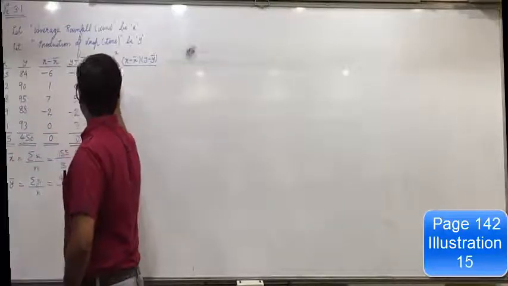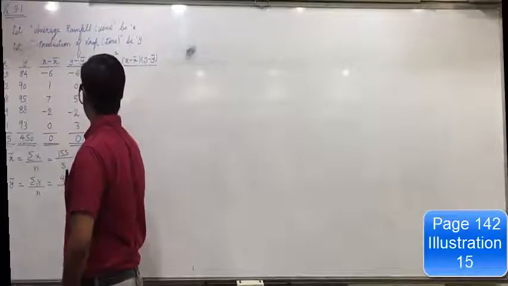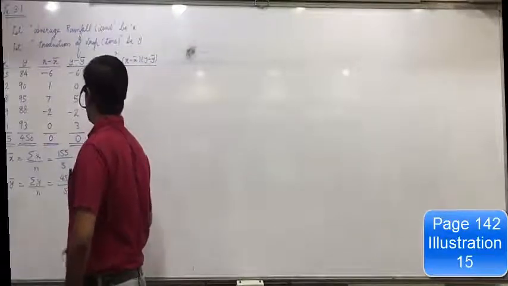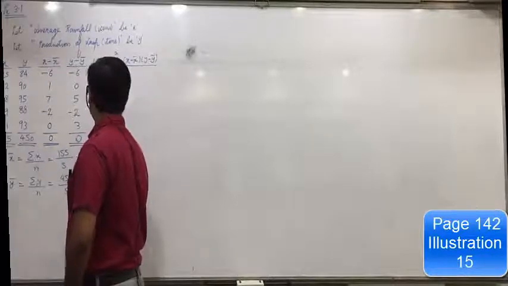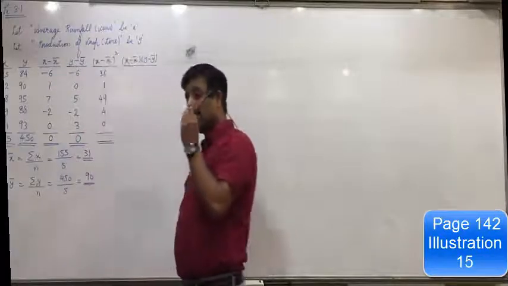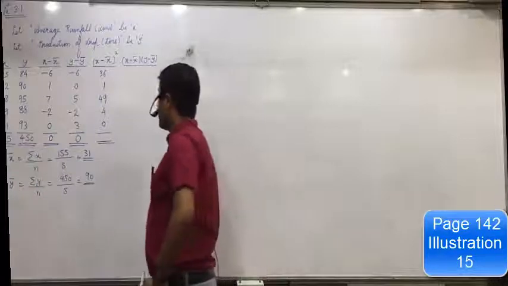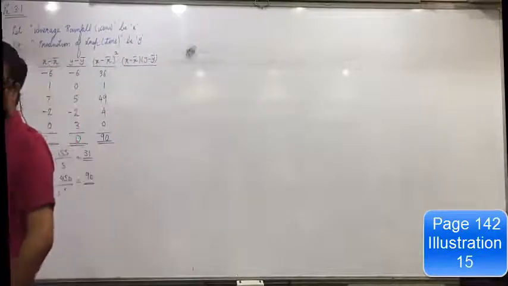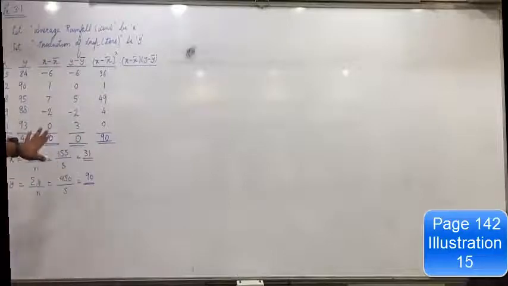36, minus 6 square is 36. 1 square is 1. 7 square is 49. 2 square is 4. And 0 square is 0. The total of X minus X bar whole square is 90. Any confusion so far?